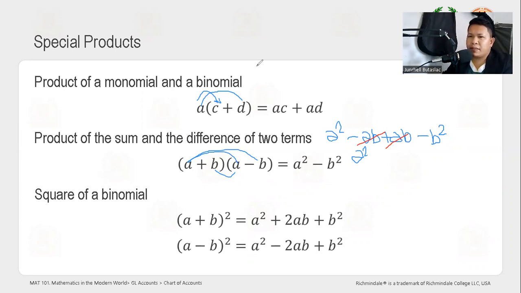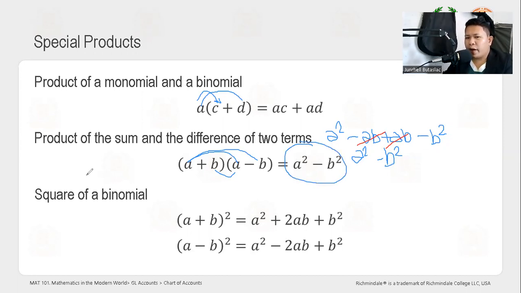Then copy the b squared. So a squared minus b squared is the answer. This is how we can solve this one.